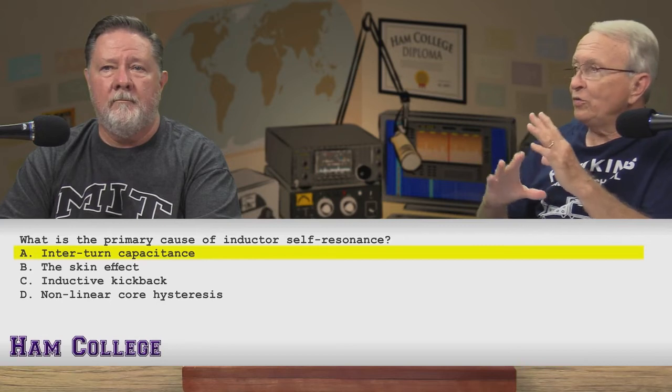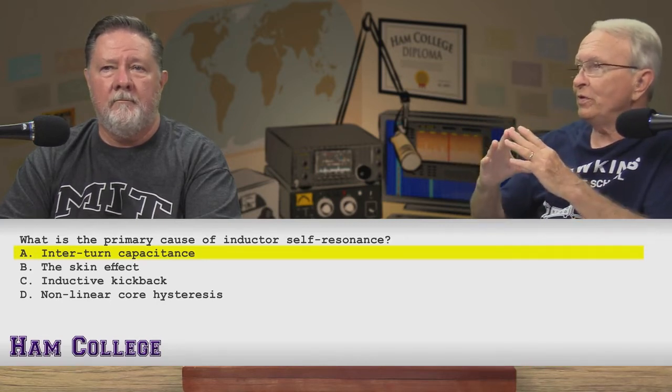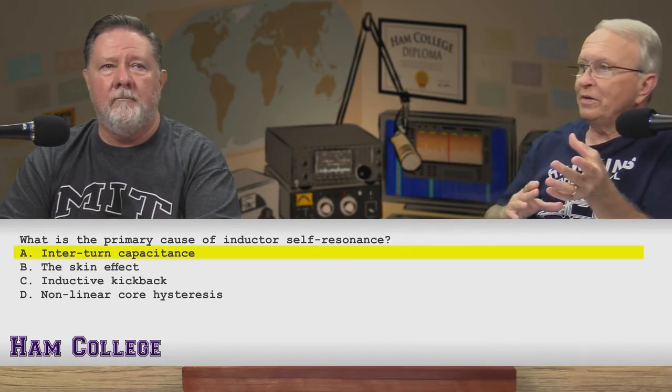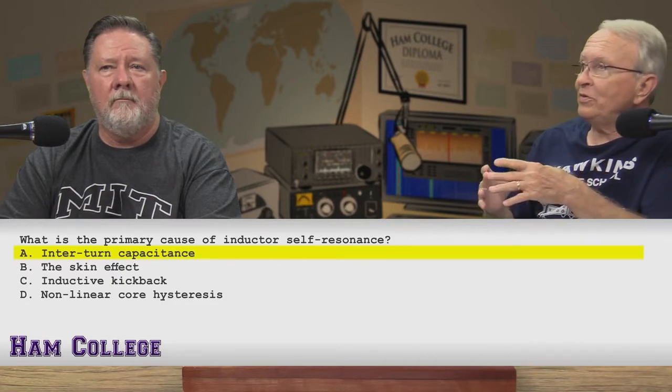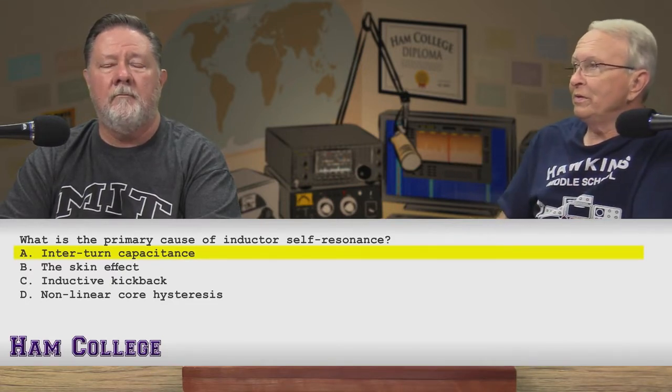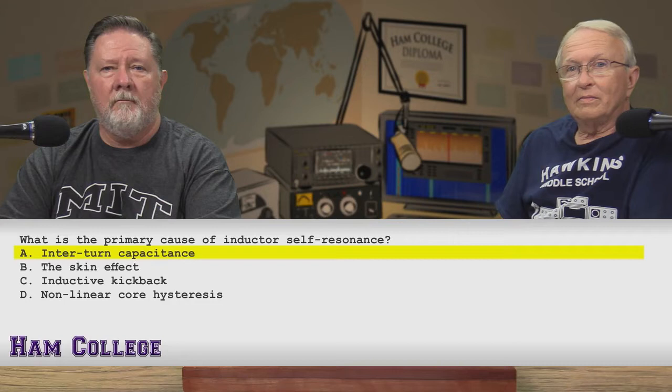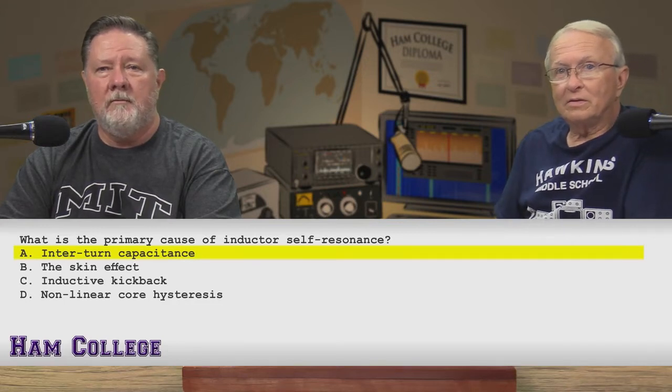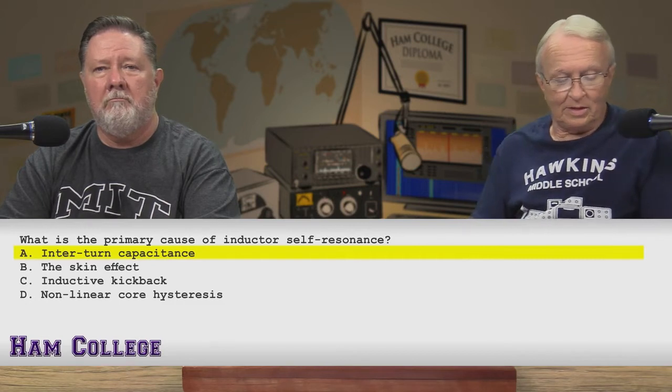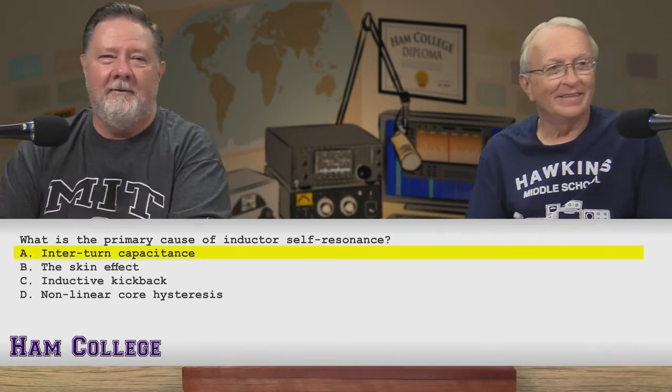If you change either one, it's going to change that frequency. So if you've got inductance and capacitance, you've got a resonant circuit. Interesting. And that's all I've got to say about that.